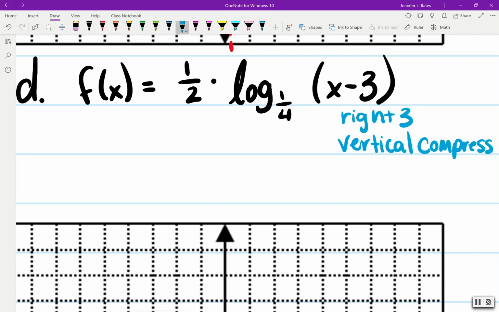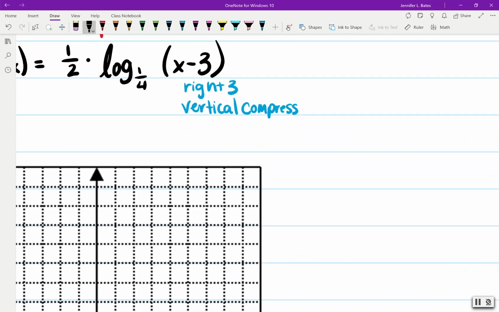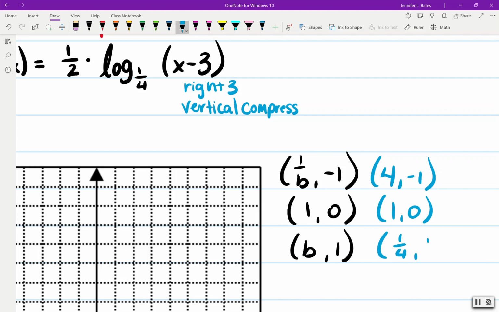Okay, and those are the two transformations. Now let's think about the points that we need to be graphing: 1/b, -1, 1, 0, and b, 1. So if b is 1/4, 1 divided by 1/4 is 4. And then 1, 0, and 1/4, 1.